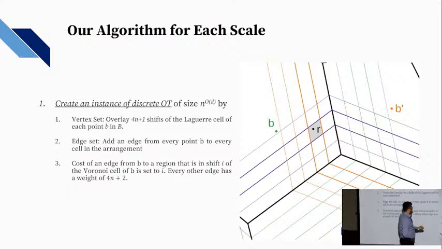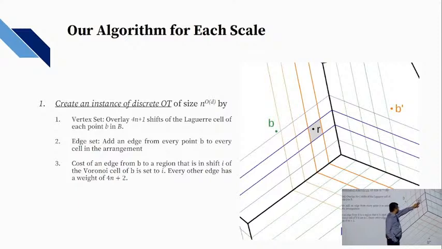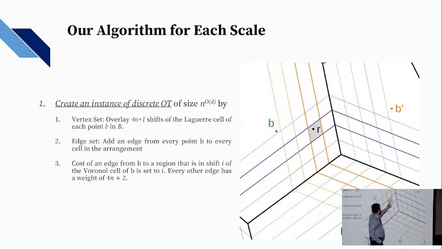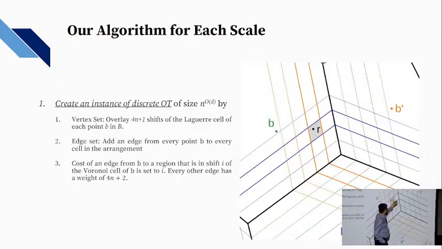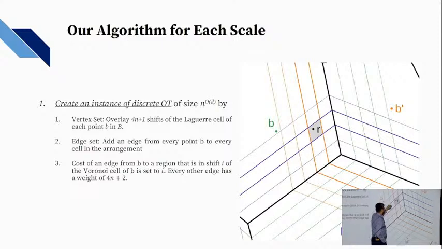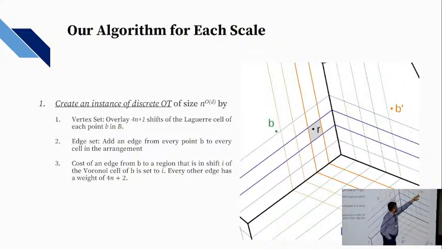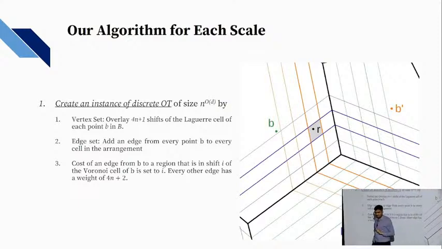If this cell is in between the ith and i plus first shift of the weighted Voronoi cell, then I give the weight of i plus 1 to the edge from the point of B. For instance, this point here is between the first and the second shift of the weighted Voronoi cell of B prime. So I'll give it a weight of 2.